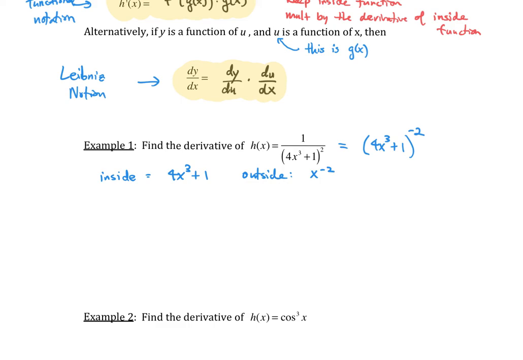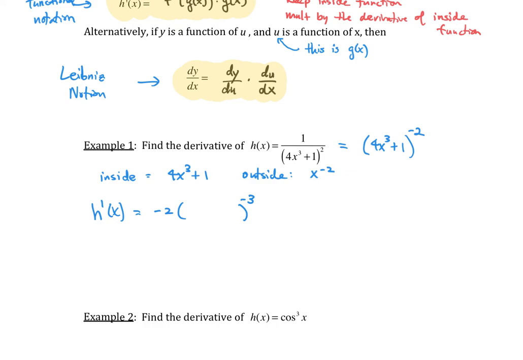All right. So now let's take the derivative h prime of x. So I'm going to take the derivative of the outside function. That's going to be negative 2 times quantity, I'm going to leave that there. I'm going to put a negative 3 because I'm using the power rule, right? So I have to bring down the exponent like I did here, and then subtract 1 from the exponent like I did here.